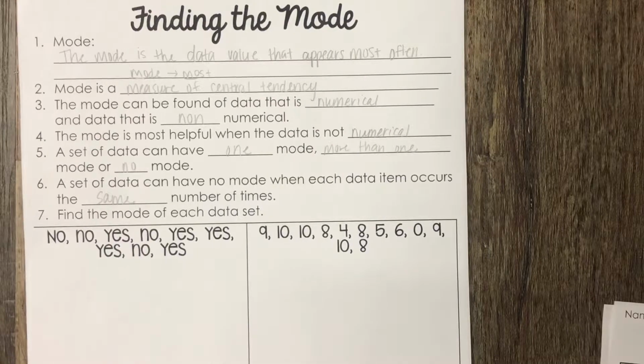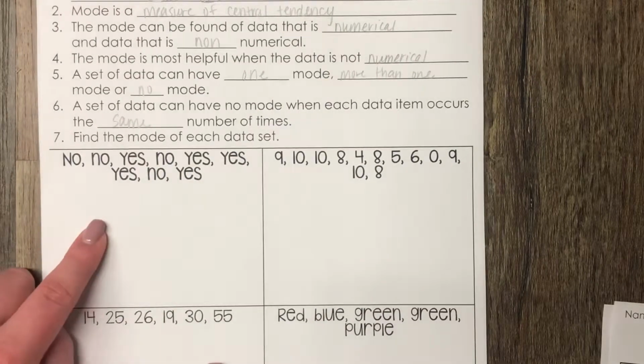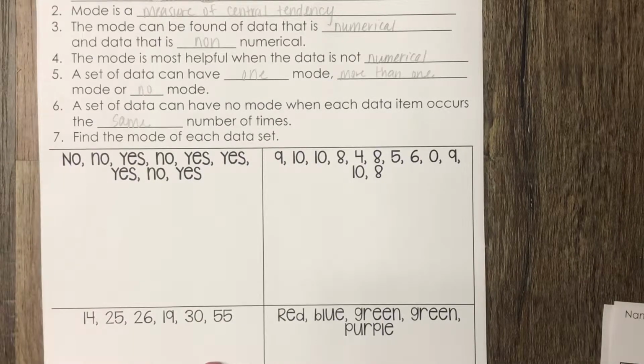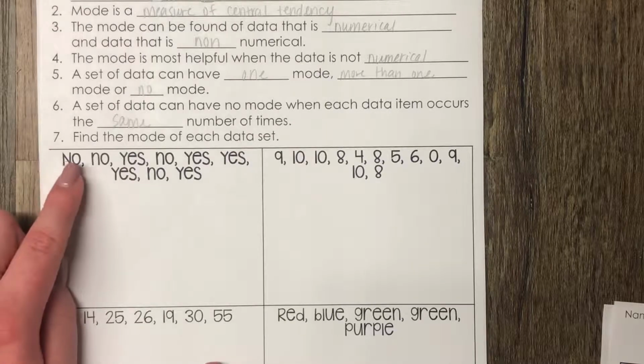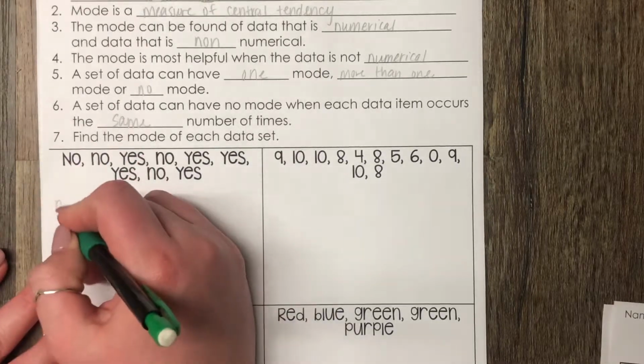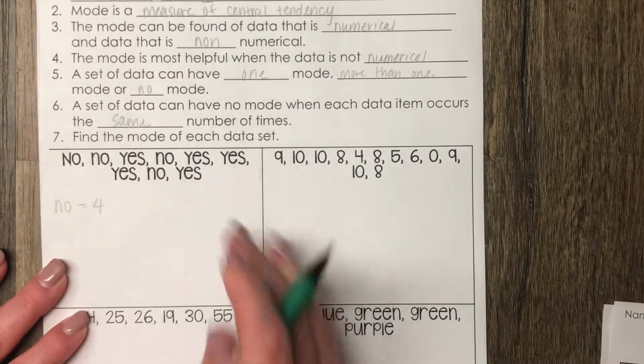Okay? So we're going to start with this first example of no, no, yes, no, yes, yes, no, yes. So this would be an example like we were taking a poll and we were asking a question, and you could either say yes or no. We had 1, 2, 3, 4 no's. So I'm going to say no's, we had 4.